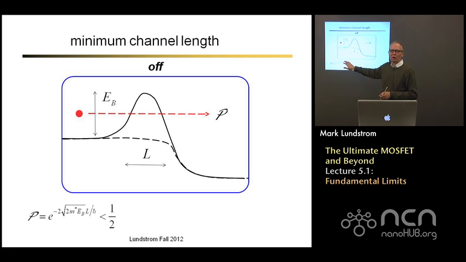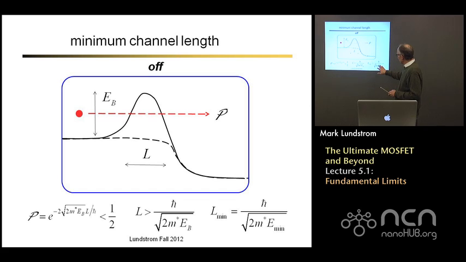Higher the barrier, the smaller the probability is, exponentially with barrier height, and exponentially with barrier width. So we get this simple expression from an approximate quantum mechanical solution. That probability needs to be less than a half. That means that the channel length has to be longer than some critical value to make that probability small enough. This is how long the channel length has to be.